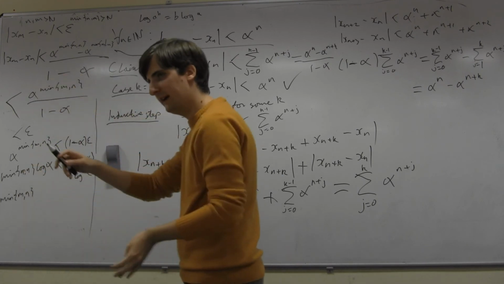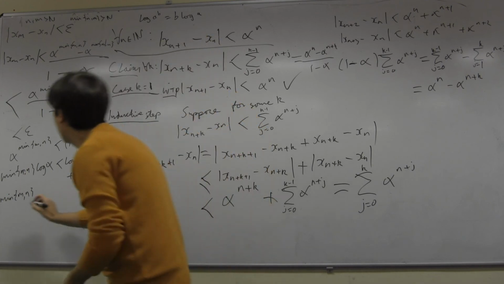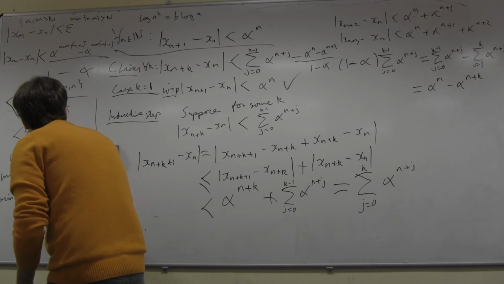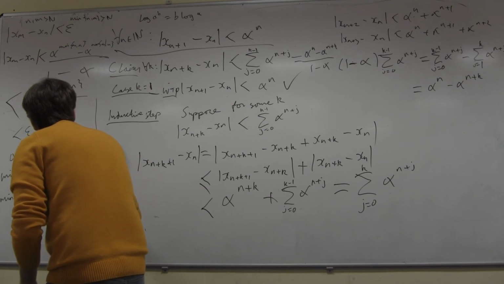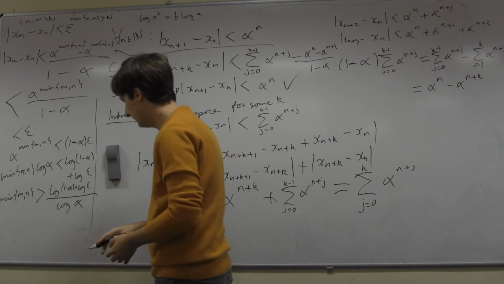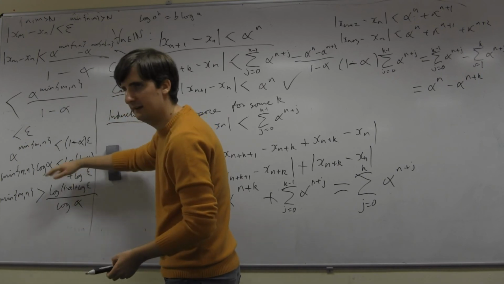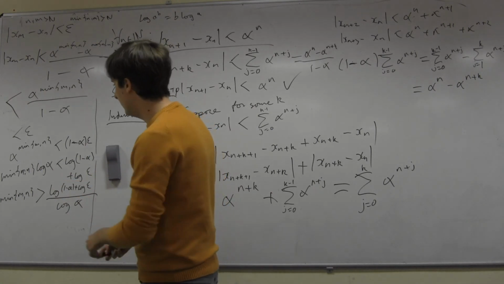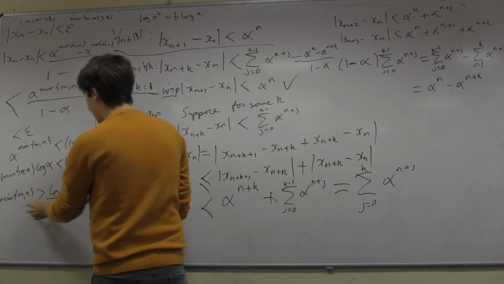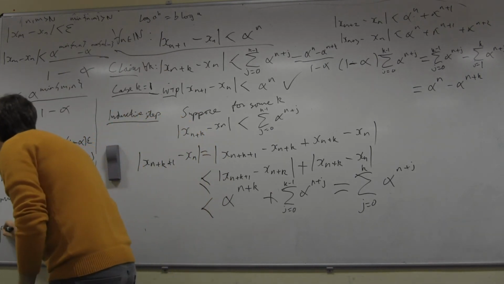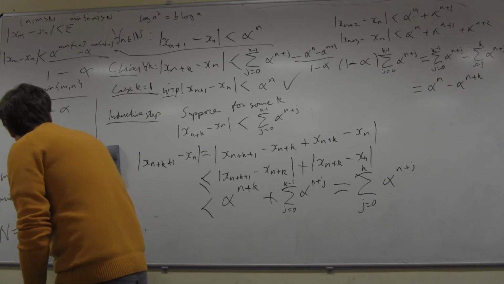When you divide by a negative number, you have to flip the sign. So min(m,n) is greater than (log(1 minus alpha) plus log epsilon) divided by log alpha. These are also going to be negative, so negative divided by negative is positive. So all we need is that the minimum of m and n is bigger than this. Our natural candidate for the N is just this thing.